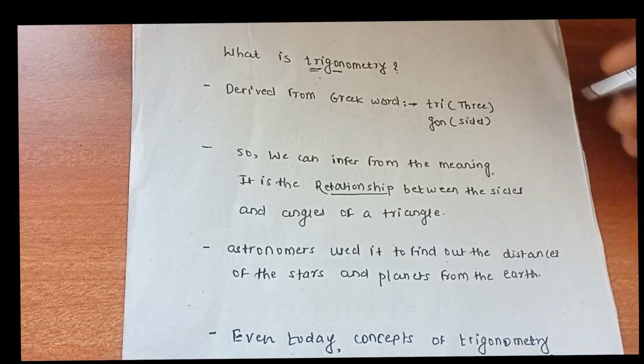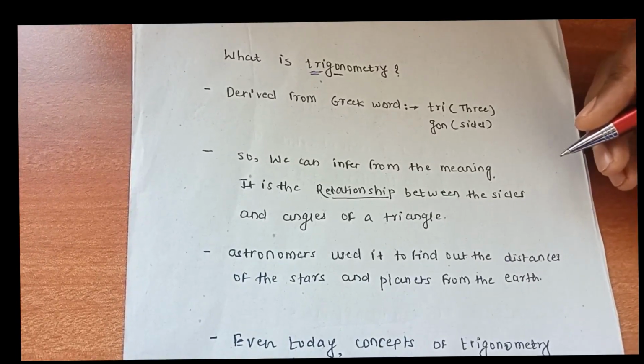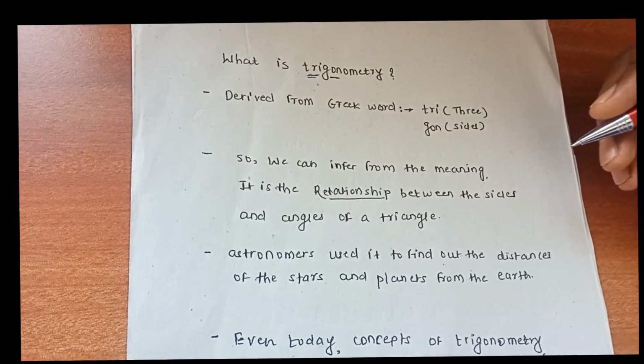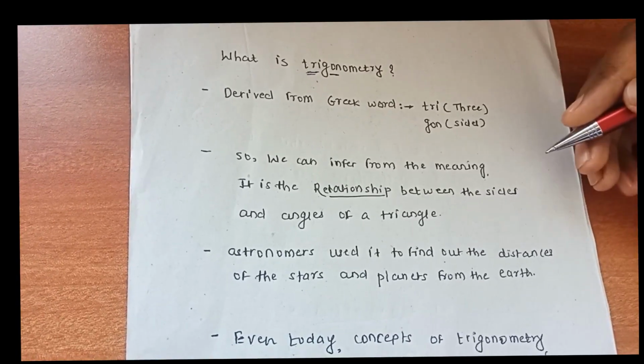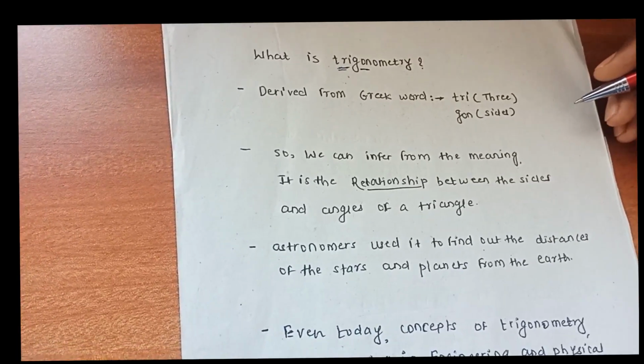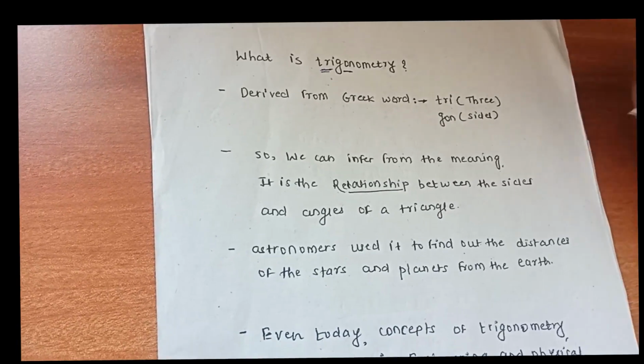So every problem has some concepts of right angle triangle. Once we know the formulas, we'll solve all the problems based on the formulas or identities of trigonometry. But when we move to the applications, applications have some concept of right angle triangles or supplementary angle.